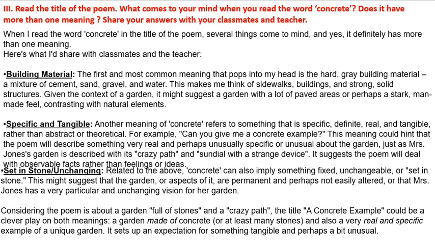This meaning could hint that the poem will describe something very real and perhaps unusually specific or unusual about the garden. Just as Mrs. Jones' garden is described with its crazy path and sundial with a strange device, it suggests the poem will deal with observable facts rather than feelings or ideas.